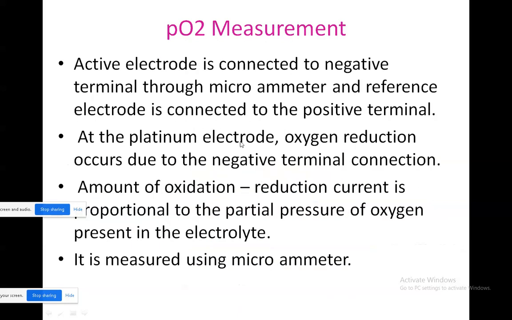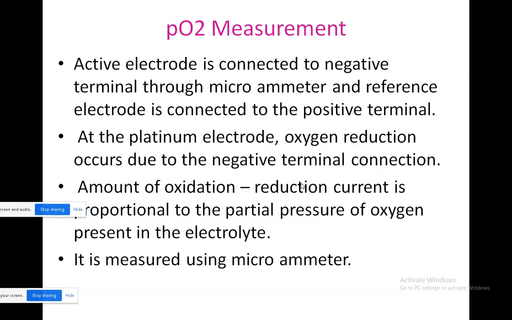At the platinum electrode, oxygen reduction occurs due to the negative terminal connection. Since your platinum electrode, or active electrode, is connected to the negative terminal, it has the oxygen reduction reaction.